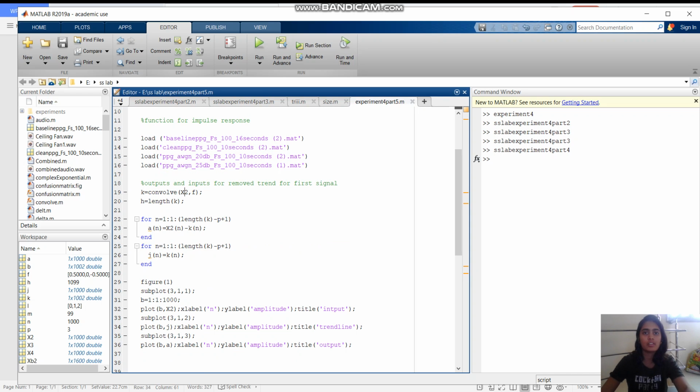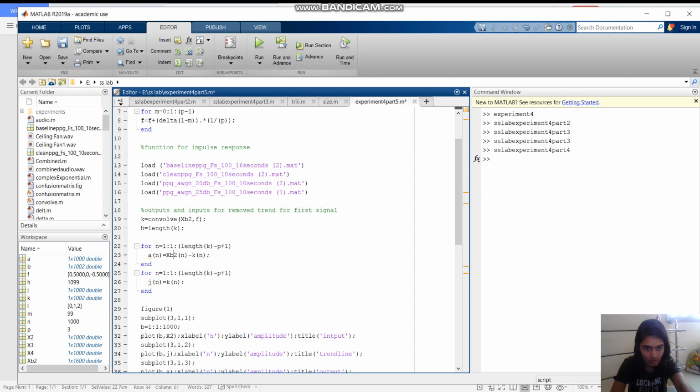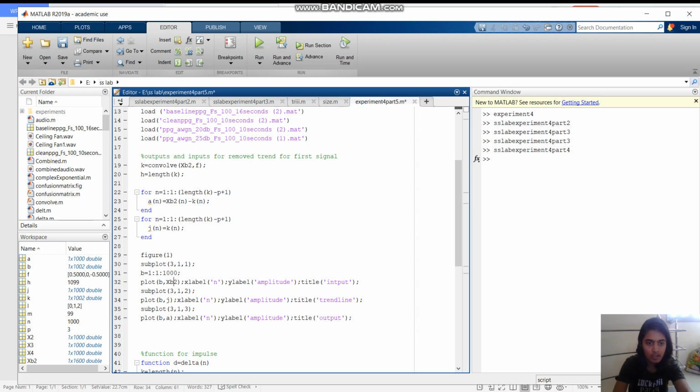So let us take the first signal. When I am loading, the names of these matrices are visible in the workspace, so I can easily change the names.